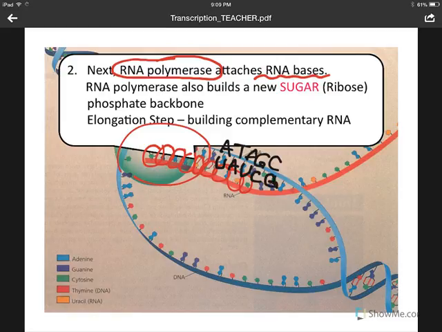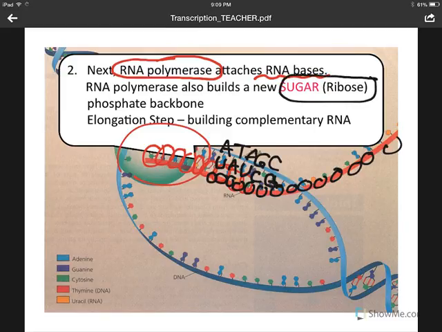So we're just going to be bringing in RNA nucleotides instead of DNA nucleotides. At the same time, it's bringing in my sugar phosphate backbone, but it's a different kind of sugar. It's not deoxyribose, but a ribose sugar.